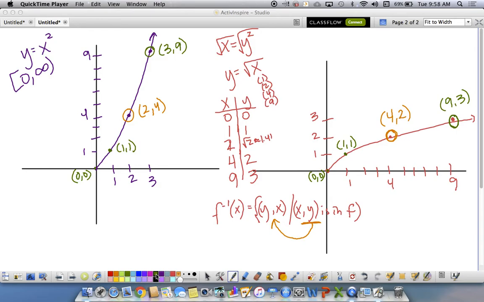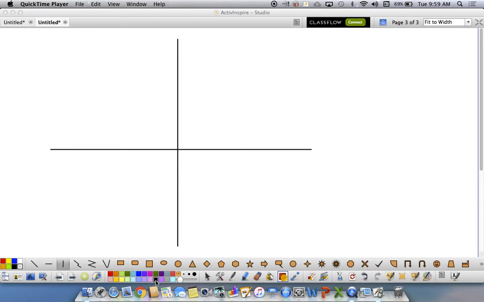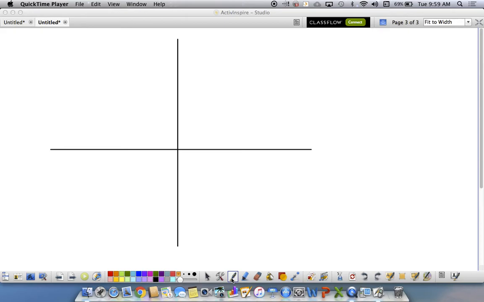So here's a practice problem. If I simply give you an x, y graph, and I plot some points and plot a 1-to-1 function, so here we go. I have to kind of pay attention.